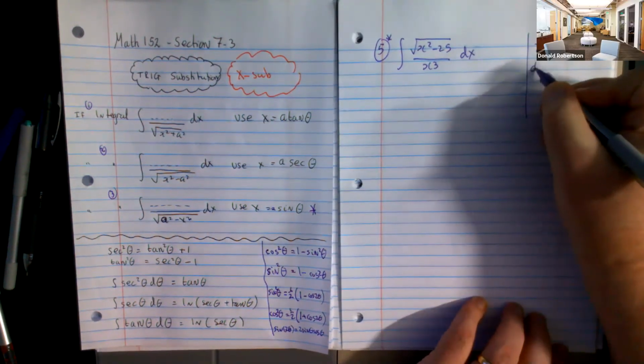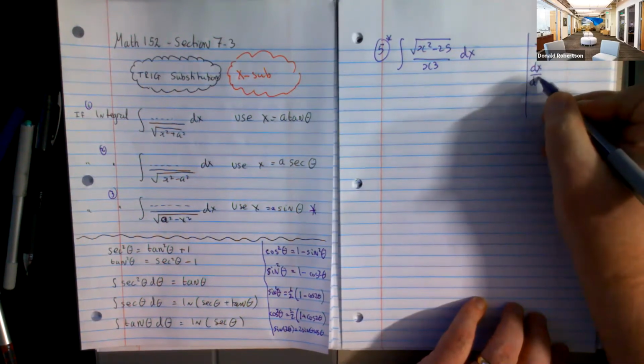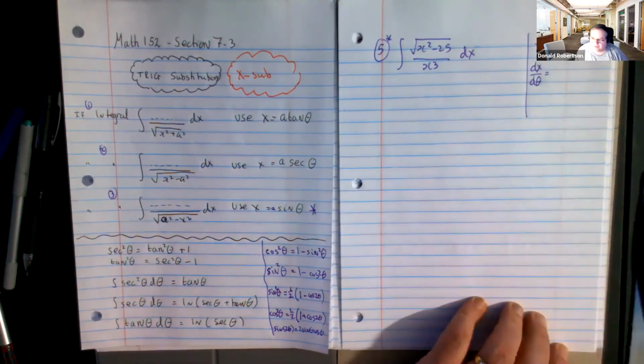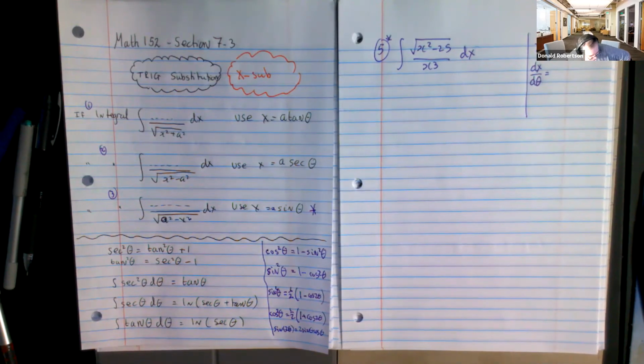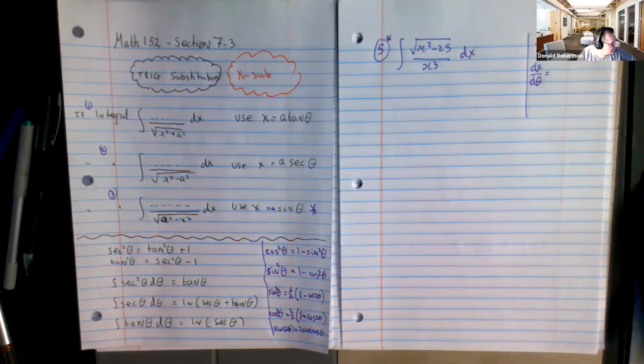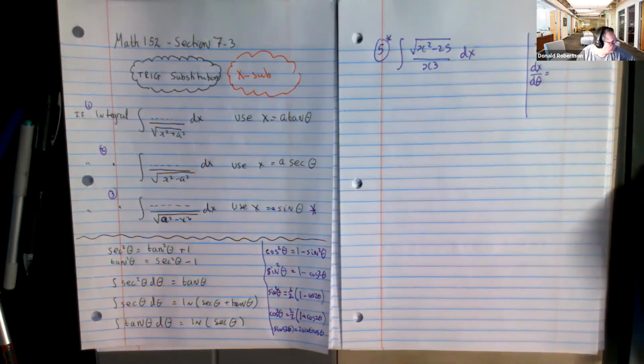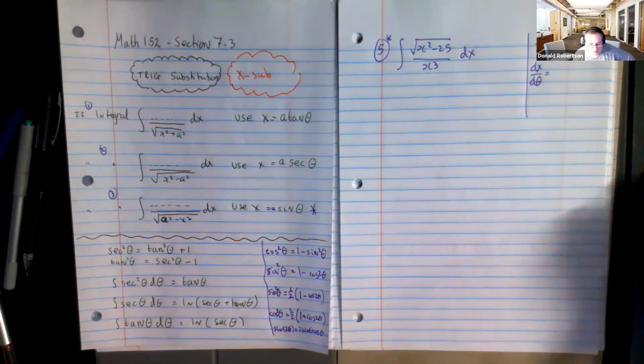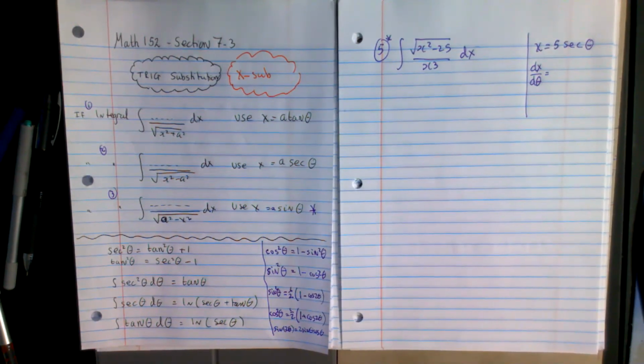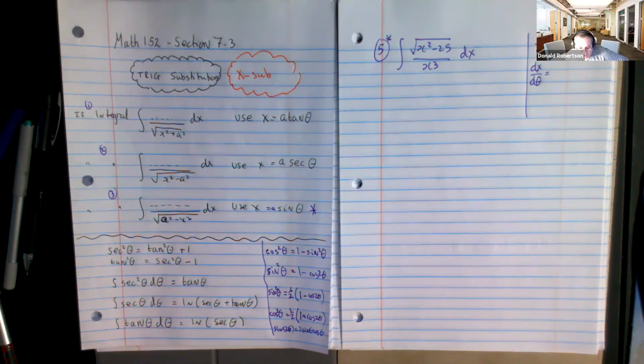So if you differentiate x with respect to theta, what is the derivative of 5 secant theta? What's the derivative of 5 secant theta?